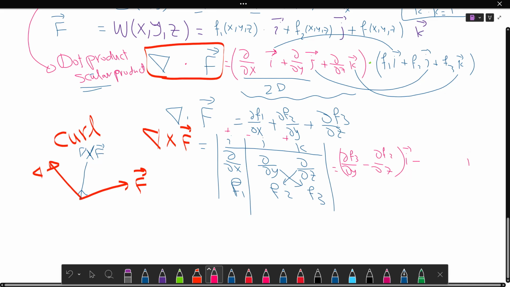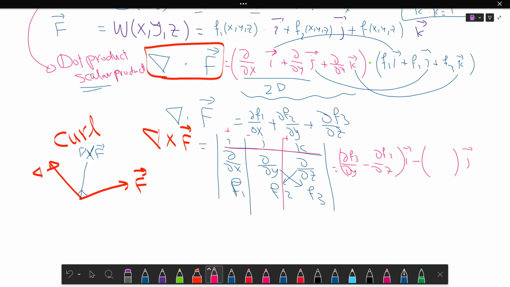Then minus, for j, fix the j column and row: partial by partial x of f3 minus partial by partial z of f1. The last one is k: you fix the k column and row, partial by partial x of f2 minus partial by partial y of f1. Get it? This is how to find the determinant.